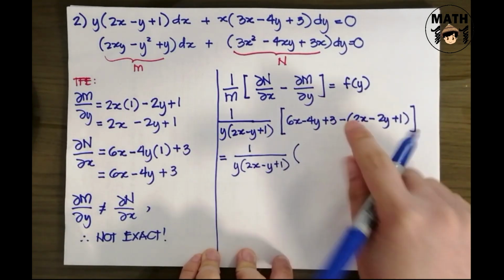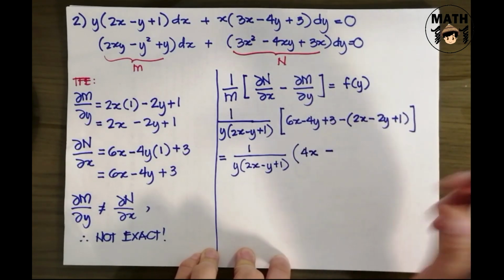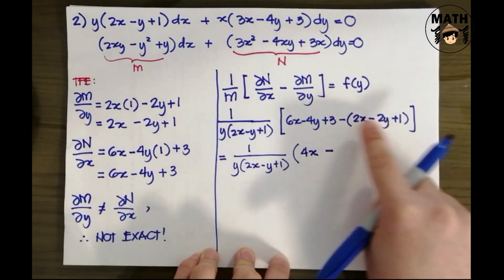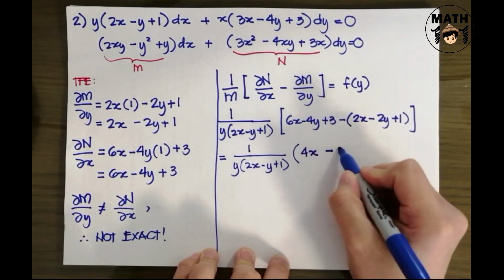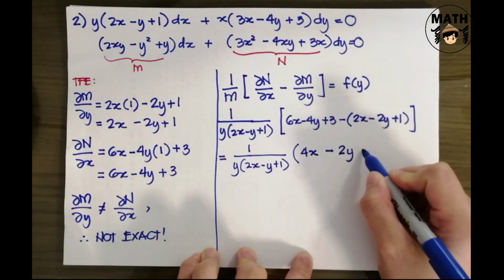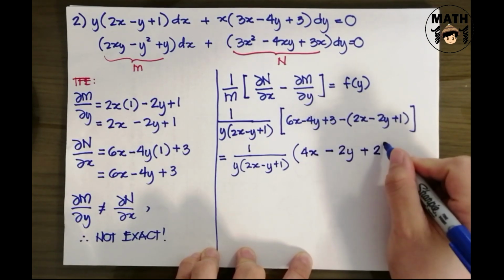Six x minus 2x is 4x. Negative 4y minus negative 2y, so magiging positive. Negative 4y plus 2y is negative 2y, plus 3 minus 1, that is 2.